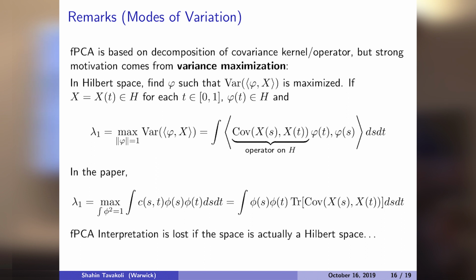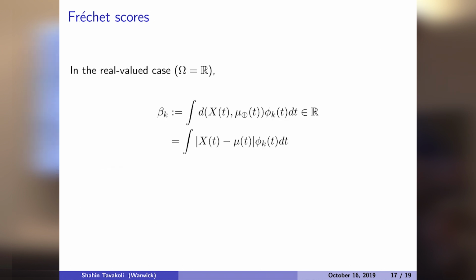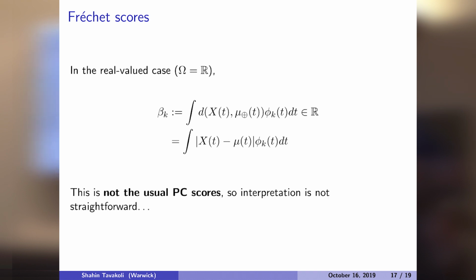If you look at modes of variations, you don't really have the interpretation that you're maximizing the variance of the projection. And that's when you look at a Hilbert space. So you cannot just apply the method and it does the same thing as what you're usually used to. Okay? The Fréchet scores you get in the real valued case, it's not the PC scores we're used to.